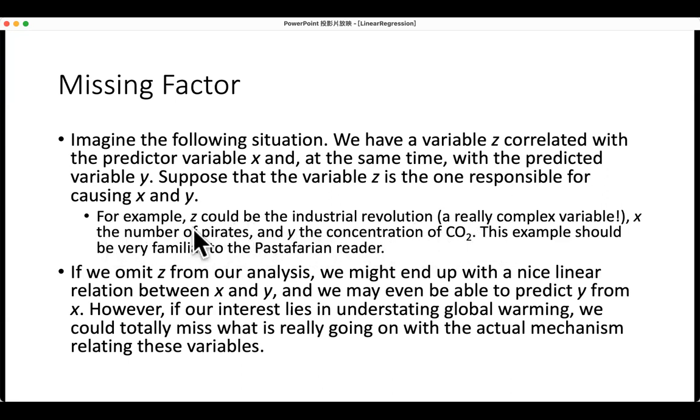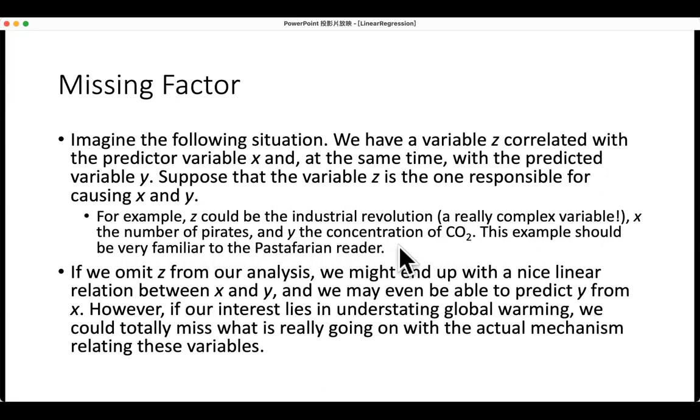You will see the number of pirates has a correlation to the concentration of CO2, but really what actually impacts X and Y is the Industrial Revolution.